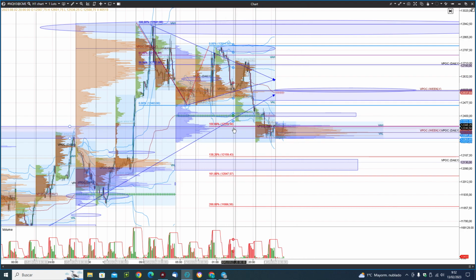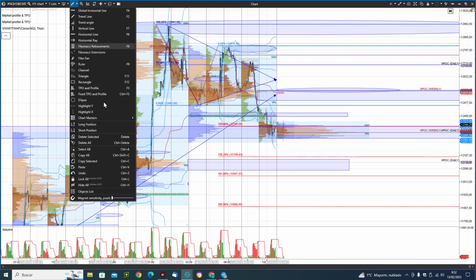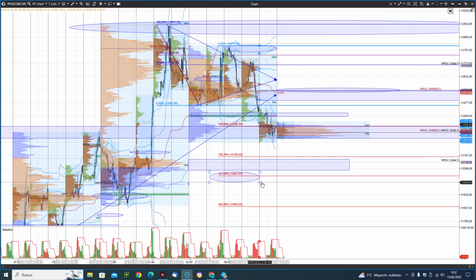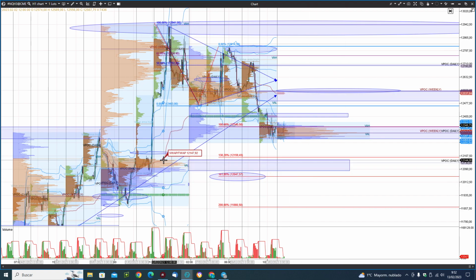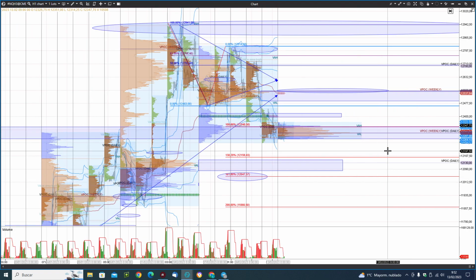The extension 100%, it's what we got, 12,338, and the next one will be this zone, 12,047. Before getting this zone, we have this high volume zone. It's not only a node, but a zone that begins at 12,145. Well, these are the lower targets.